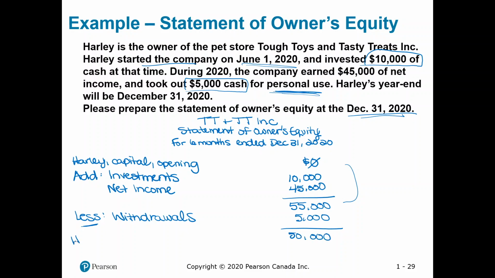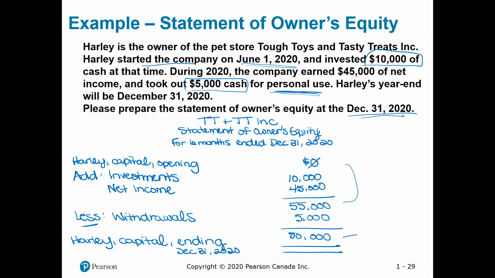And this is our Harley capital. Since we said opening earlier, we'll say ending, or you could say closing, or you could put the date there as December 31st, 2020. So we now know at the end of the year, Harley is still owed $50,000.